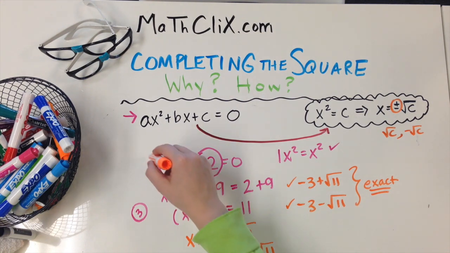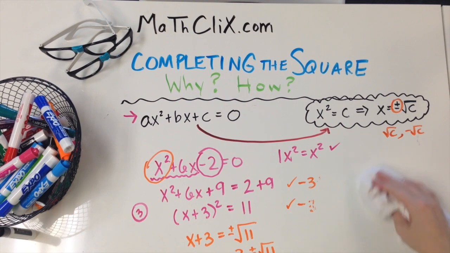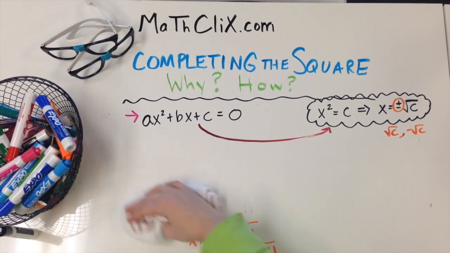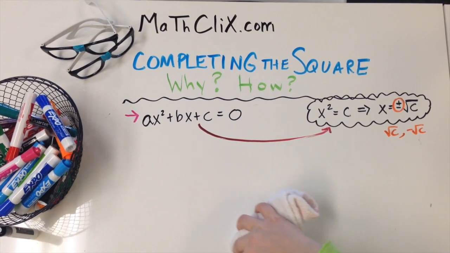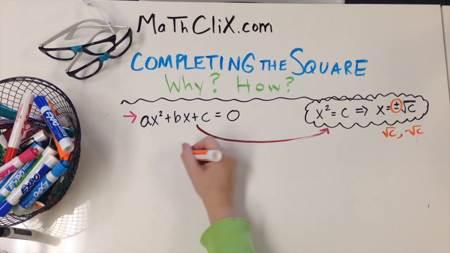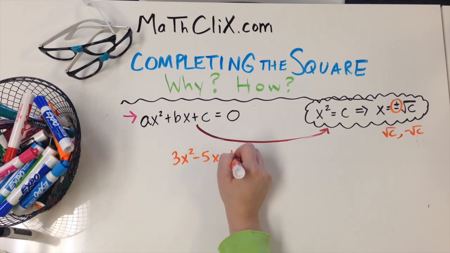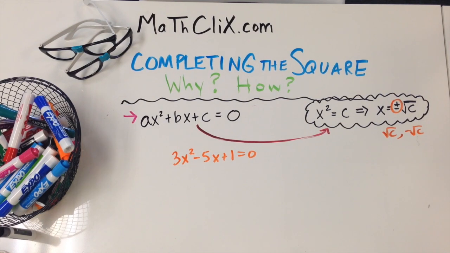Now, what if the coefficient of the x squared term is not already 1? Well, we'll make it a 1. 3x squared minus 5x plus 1 equals 0. Here's another example.